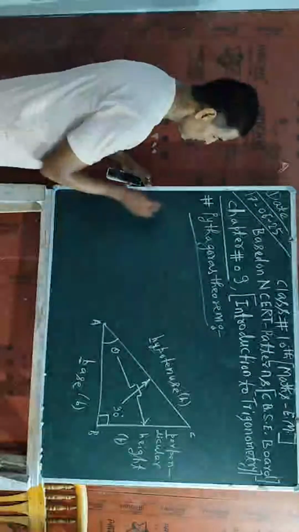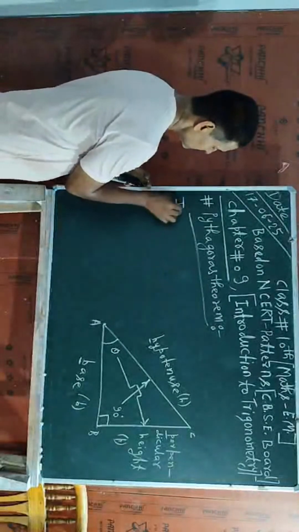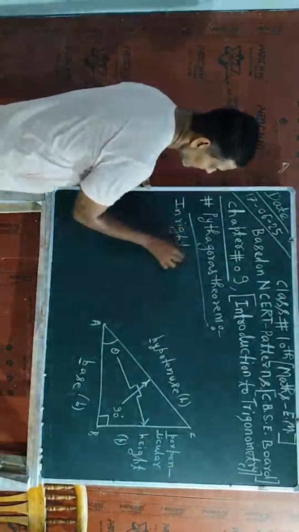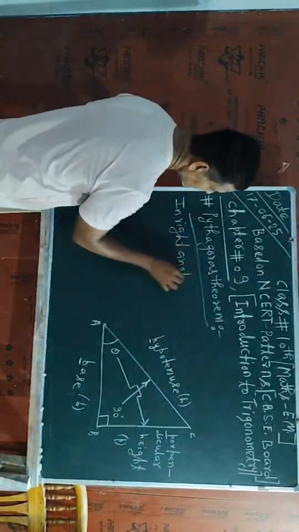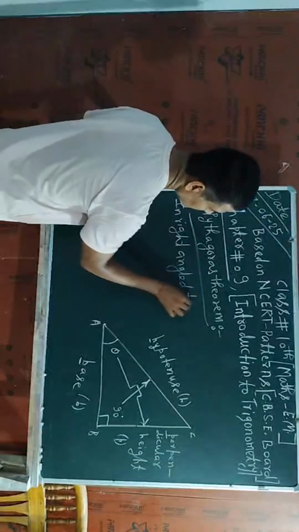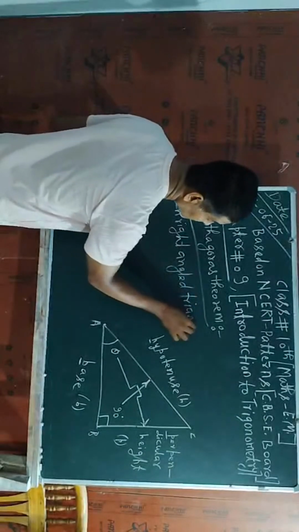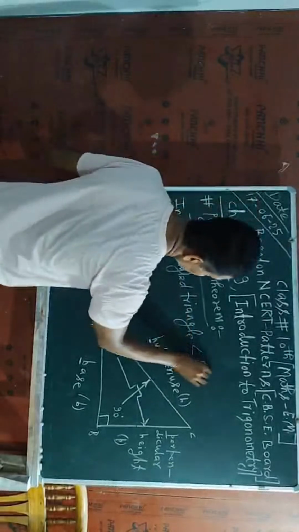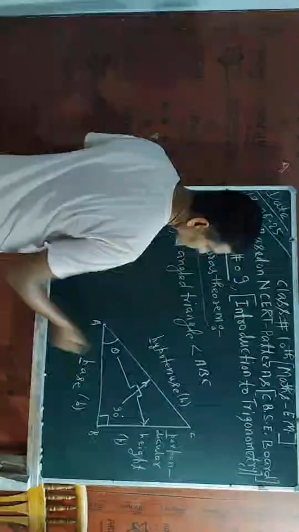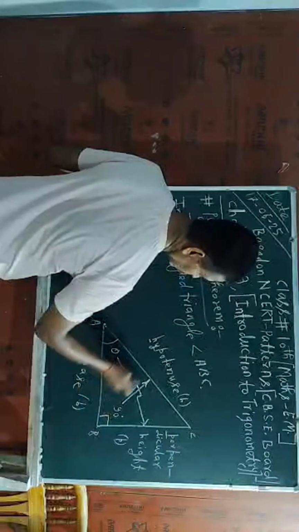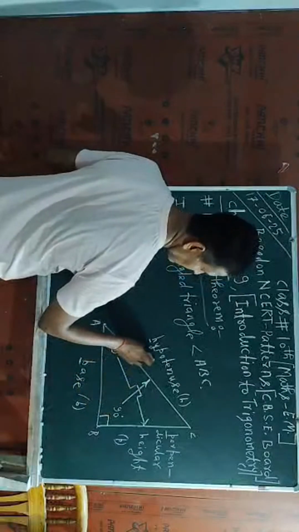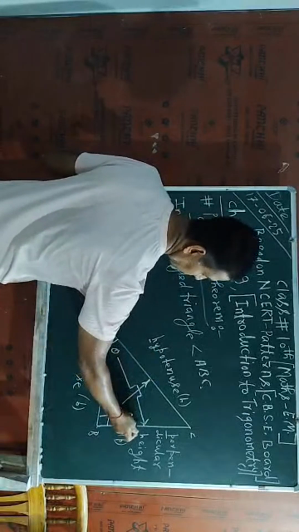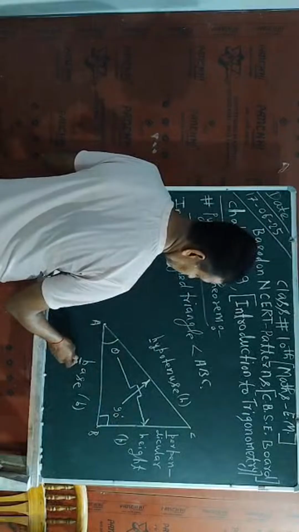So here I will write right angle triangle ABC. Along the 90 degree angle I will say hypotenuse, along theta I will consider perpendicular, and the other side I will say base.